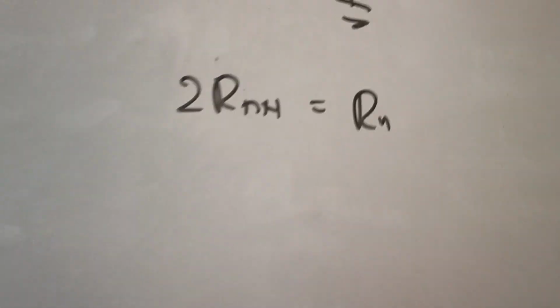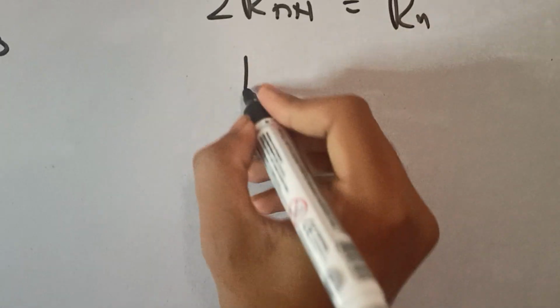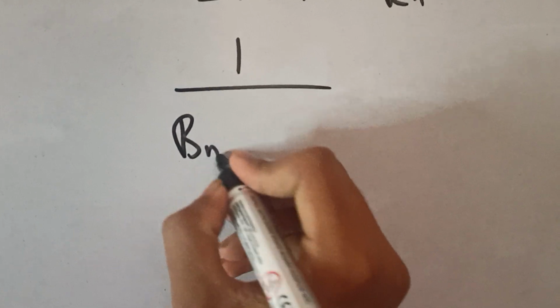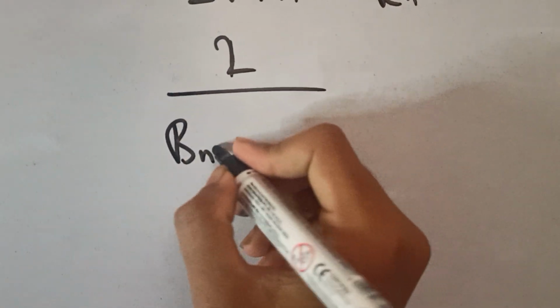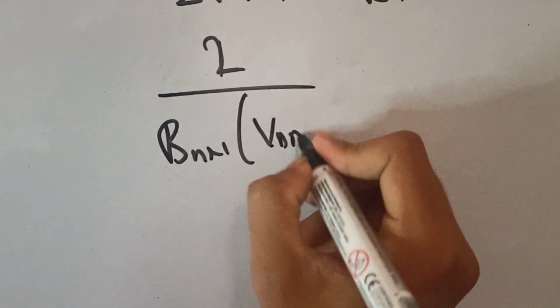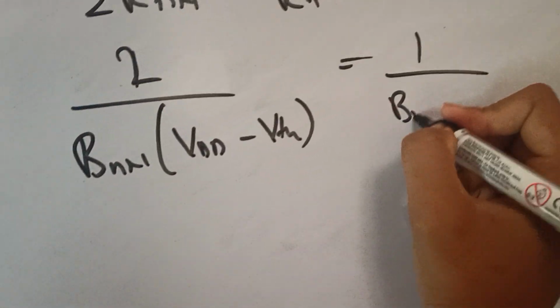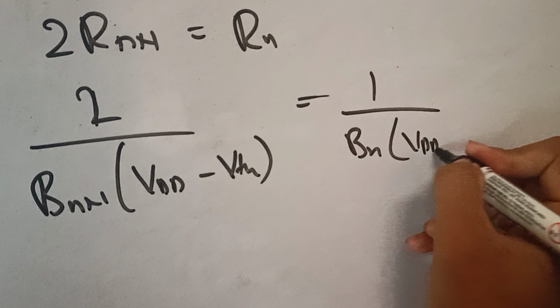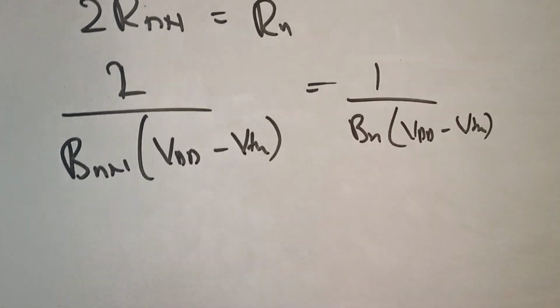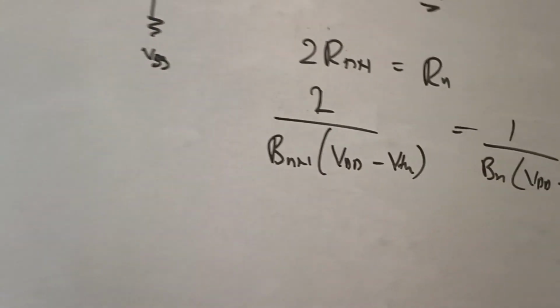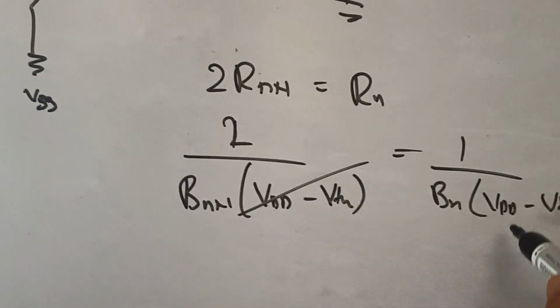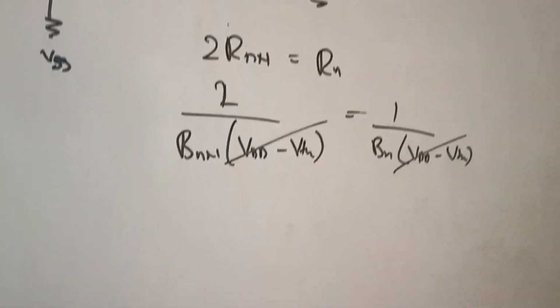If we write the expression for RN, we see that 1 divided by beta NN times (VDD minus VTN) equals 1 divided by beta N times (VDD minus VTN). Suppose both are operated at the same VDD and have the same thresholds, then those terms get cancelled.